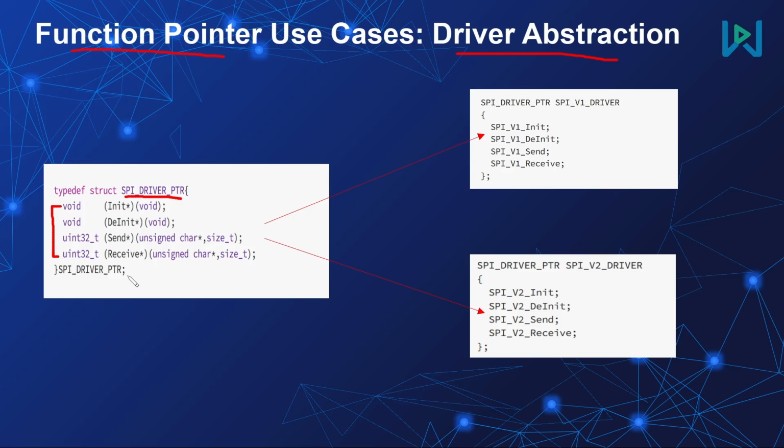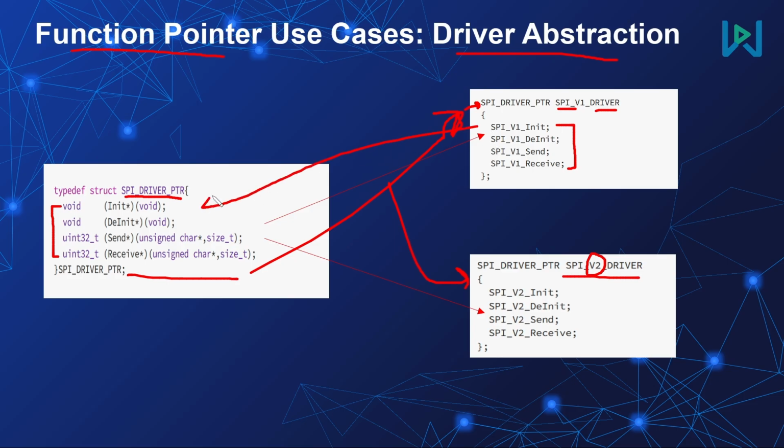And then this C structure will be once pointing to version 1 of our SPI driver, and another time will be used to point to version 2 of our SPI driver. The version 1 or version 2 of our SPI driver will consist of a set of functions that, in terms of signature, will be matching the different function pointers used to initialize our C structure.